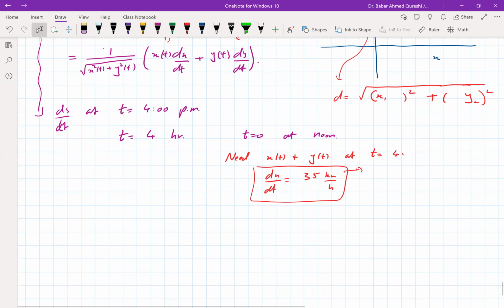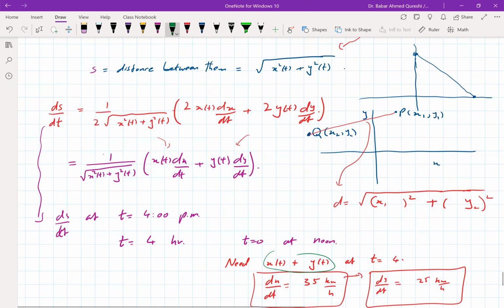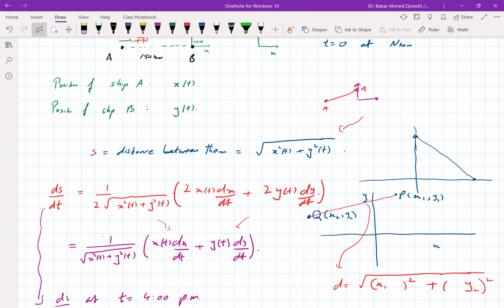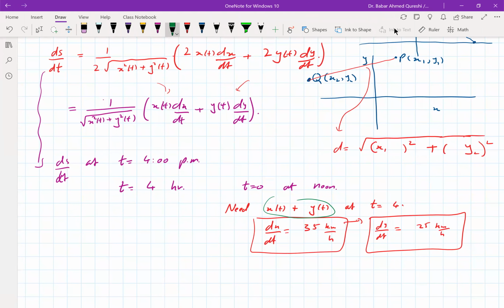So dx by dt has to be taken 35 and dy by dt is taken to be 25 kilometers per hour, and we need to find these guys still. So that one can do by simple logic. When we will study more, we will see how to get these things using integration. But over here, we haven't done that, but it's very simple logic, so we can use that.